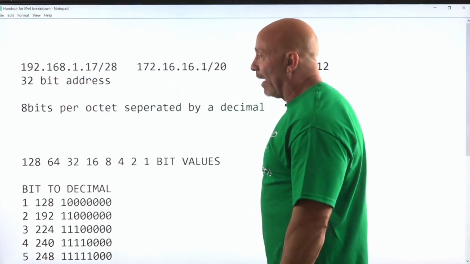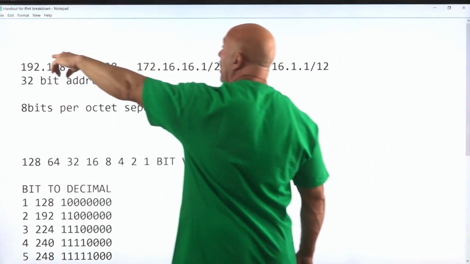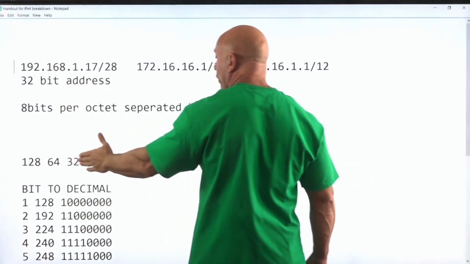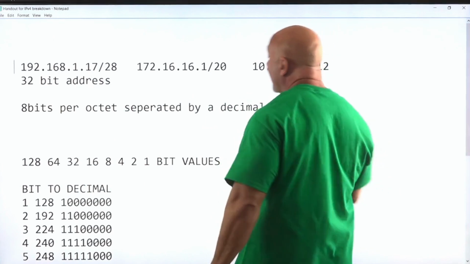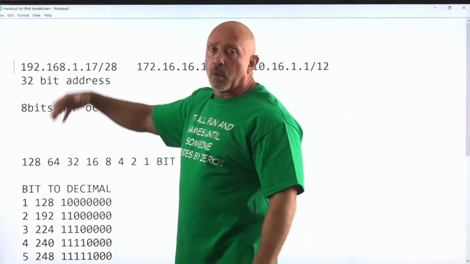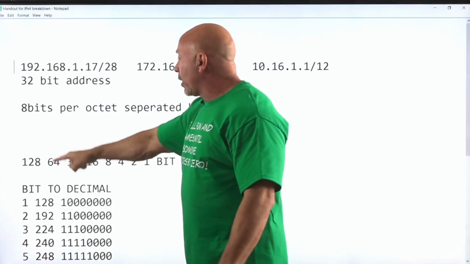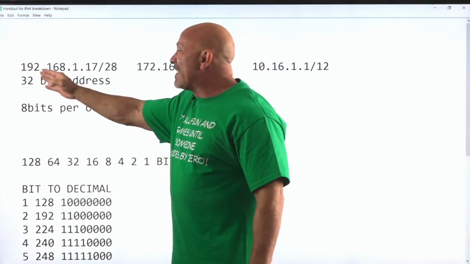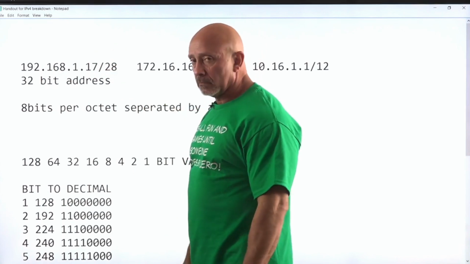That's how I put my bit values, on top of the address. So in this octet, you have those 128, 64, 32, 16, 8, 4, 2, 1. Because these are the numbers that become 192 or 224 or whatever it is here by turning on and off these bit values. So these bit values exist in each octet.